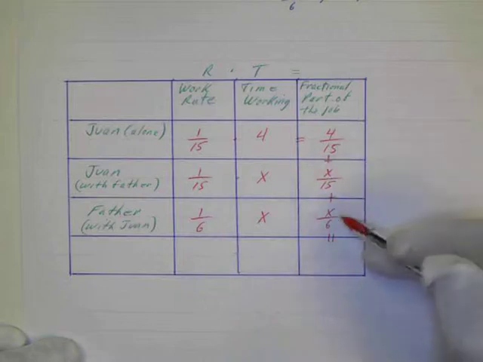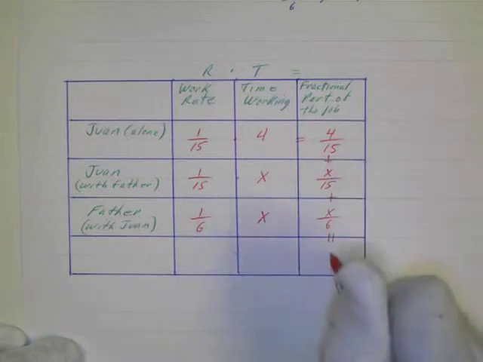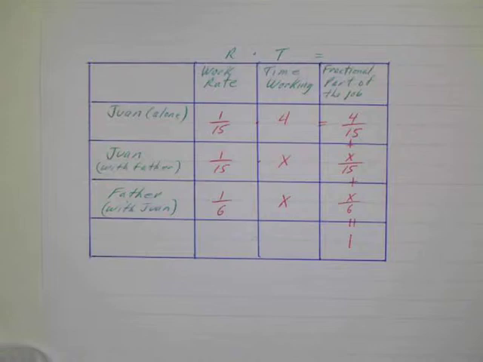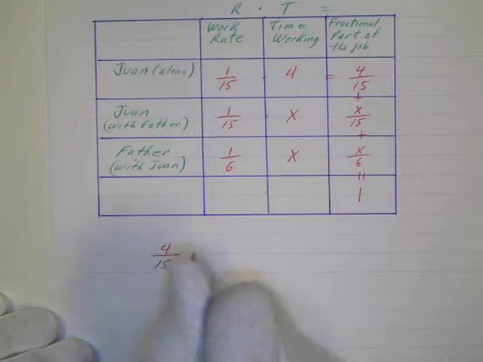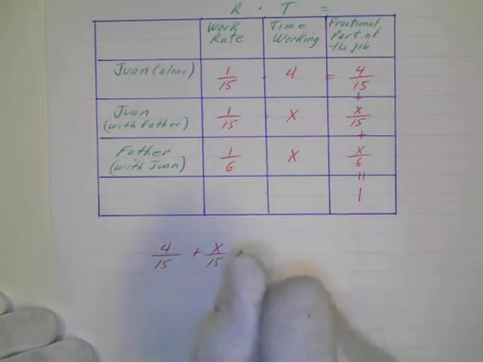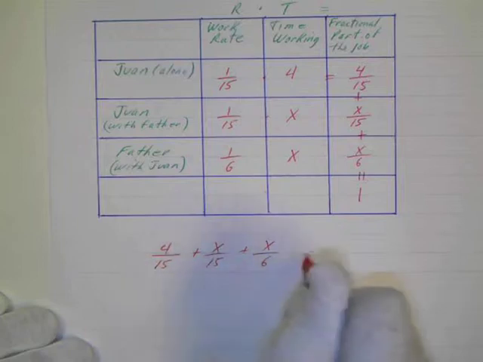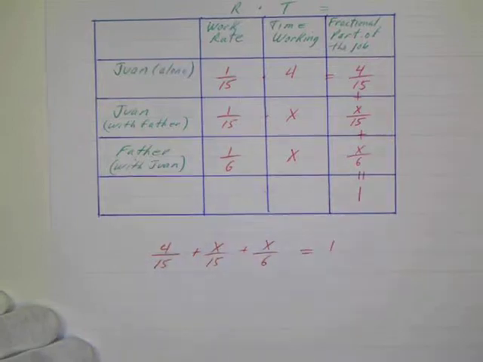And all these fractional parts add up to be the whole job, one whole job. So there's your equation: 4/15 plus X/15 plus X/6 equals one job.